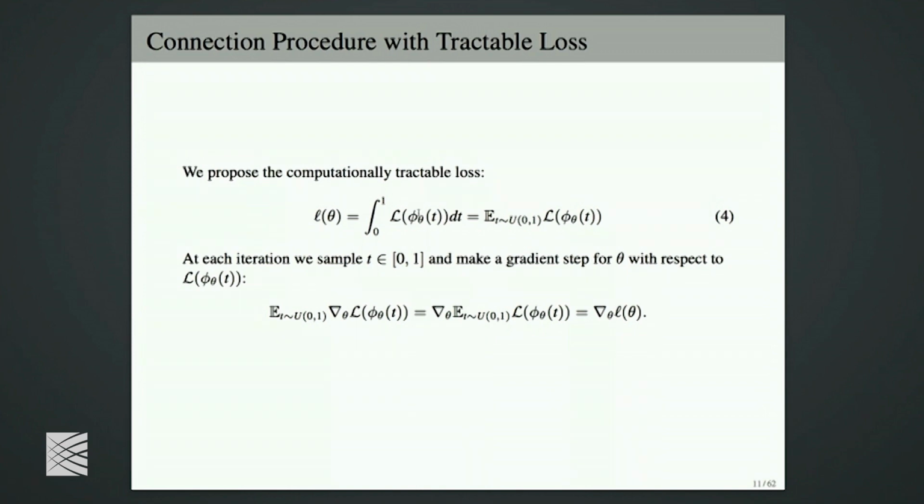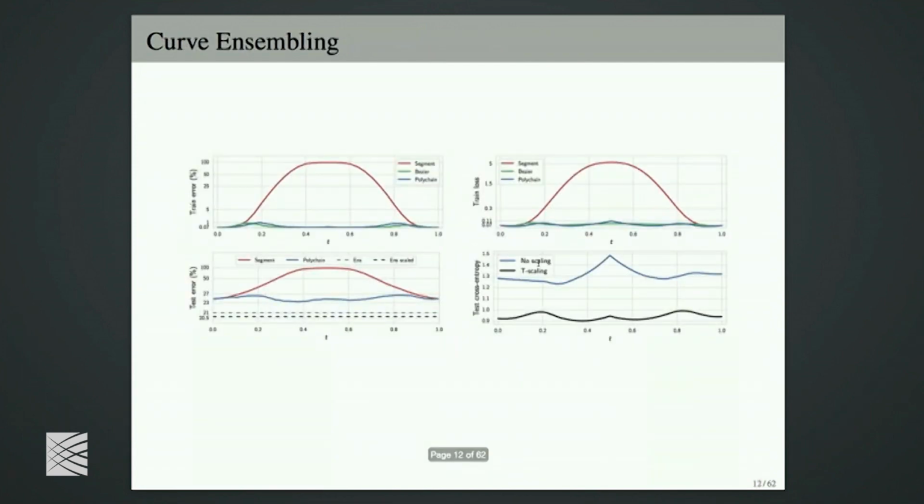So when we have this loss function, we basically just sample from a uniform distribution and take gradient steps with respect to theta, so a very simple procedure for finding the solutions. Once we found them, we can look at the training error for various different connecting paths. So in red, we basically just have a straight linear path between our two solutions described by t equals 0 and t equals 1, and we can see that the error actually increases almost to 100% along the way.